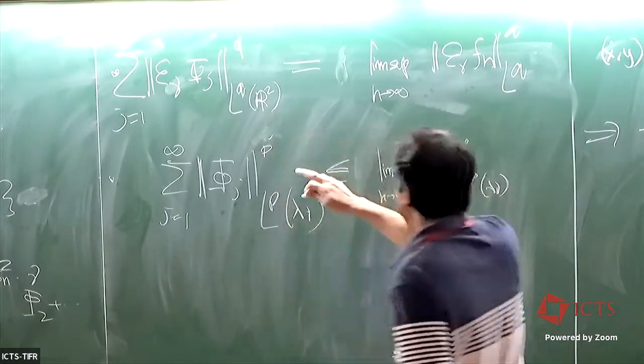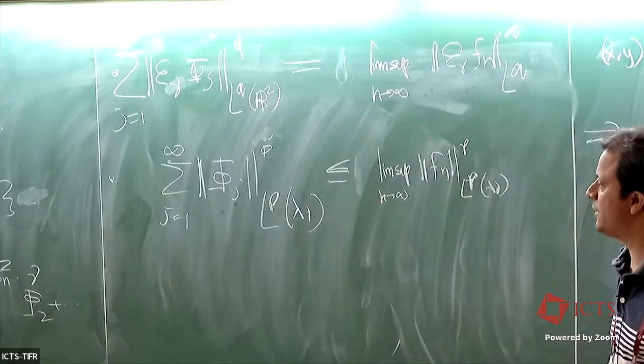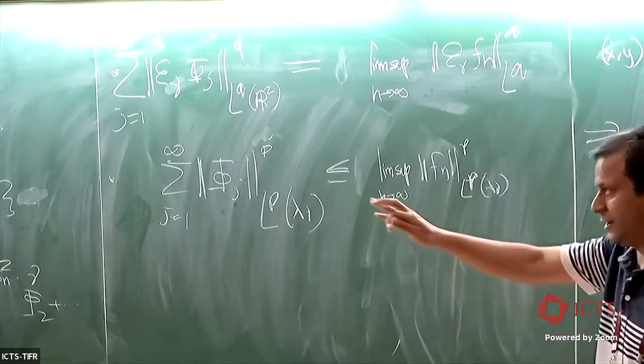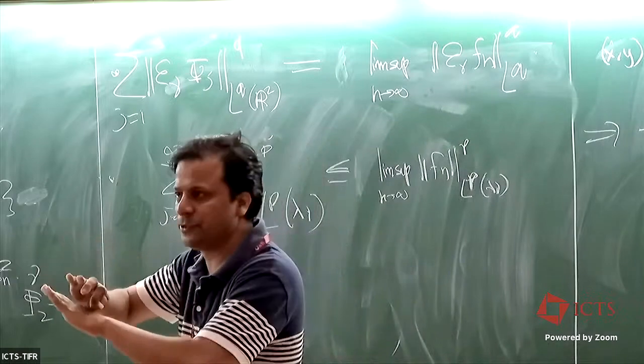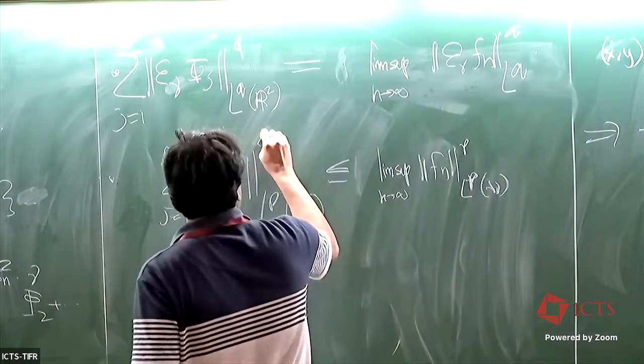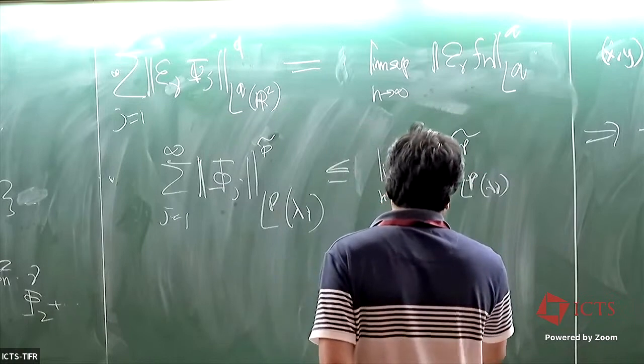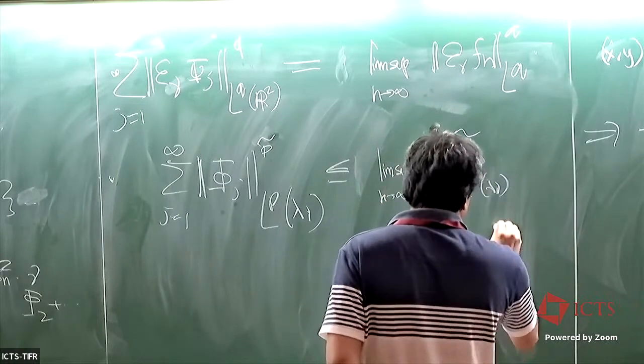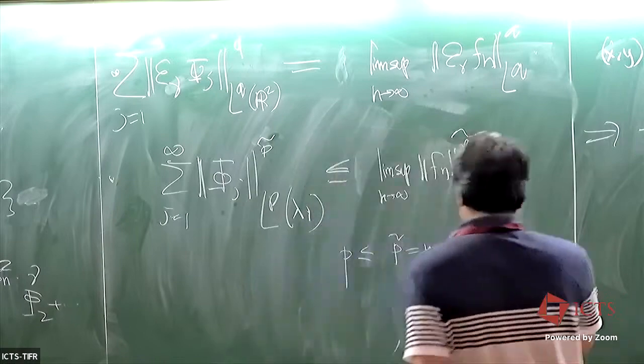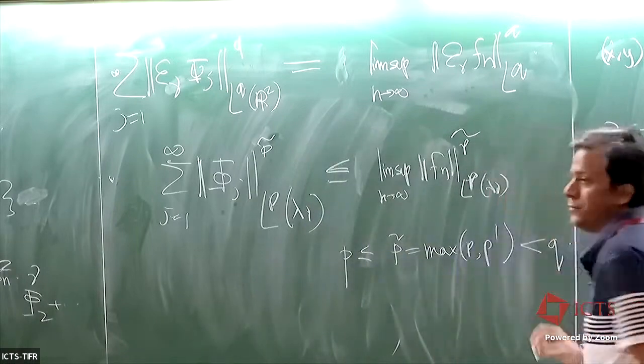Now, if you have p, this is too much to expect. This basically means essentially that you have disjoint supports, but as you have seen, they will never have disjoint supports, but almost true. So what happens is that this is true where p tilde is not p, but the maximum of p and p prime, which is less than or equal to p, but it just happens to be strictly less than q, which is what we want.